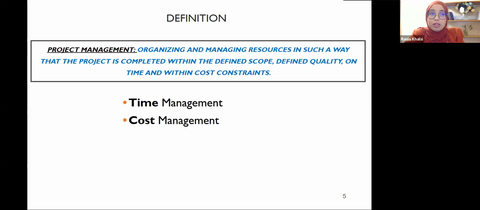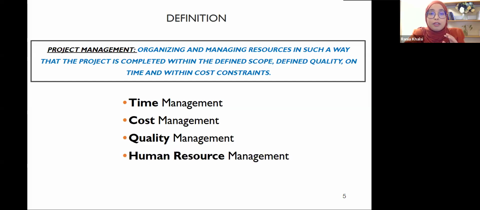Cost management is even more important. Also, we have quality, so quality management is very important also. We don't want to meet deadlines with low quality, because we may lose our customer, and in the future, probably they will not be willing to work with you or with us.